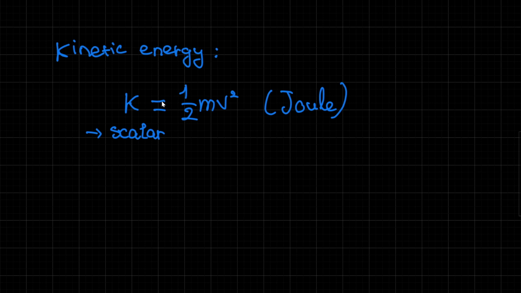And every object that moves would always have kinetic energy. And from the previous equation, we know that if there's no force, then K remains the same value, and this is true for Newton's first law.